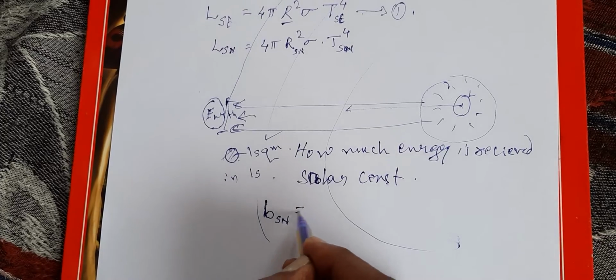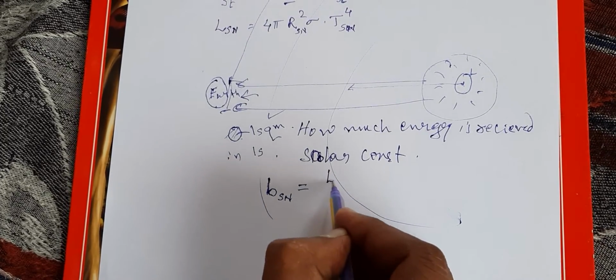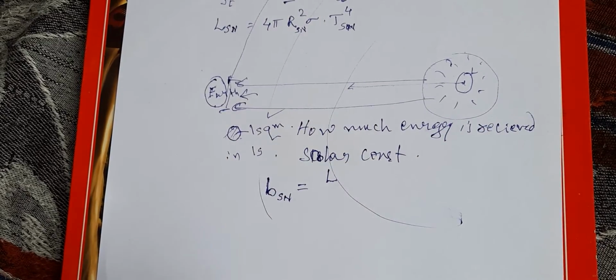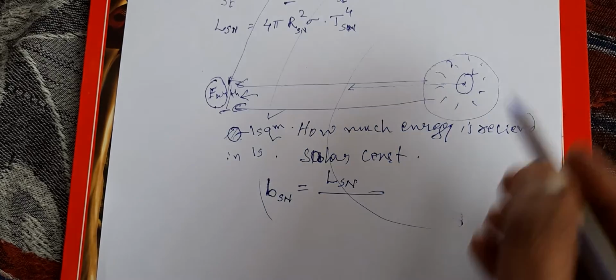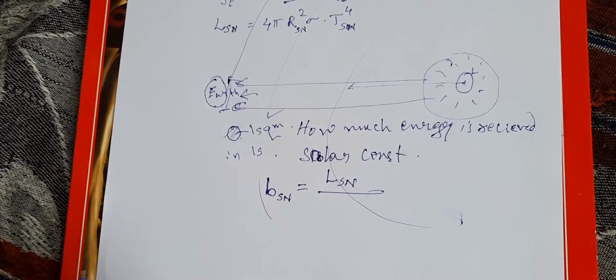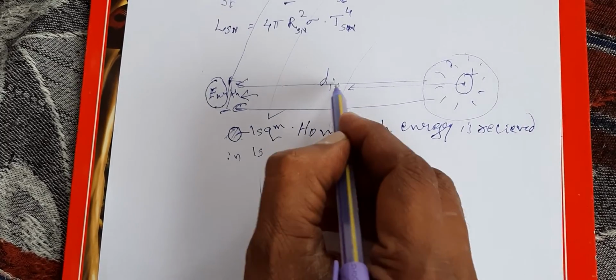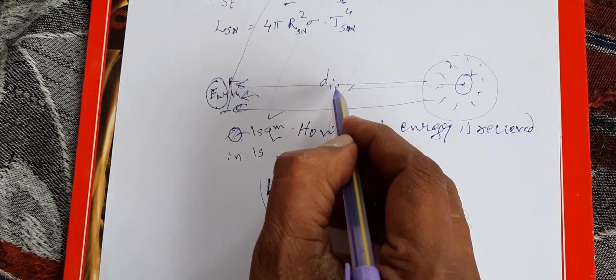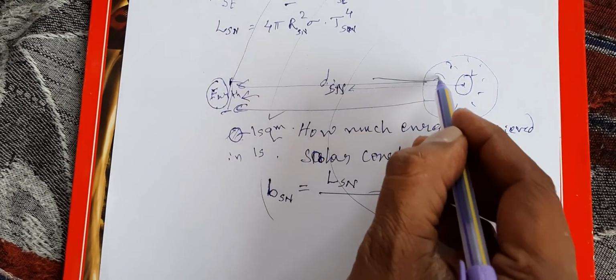This can be calculated by this formula: first the total luminosity emitted from the sun, L sun, divided by the area over which it is distributed by the time it reaches the earth. So the distance between the earth and sun, let's call it D sun.